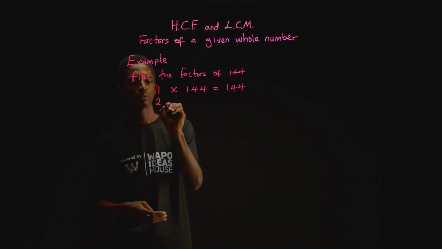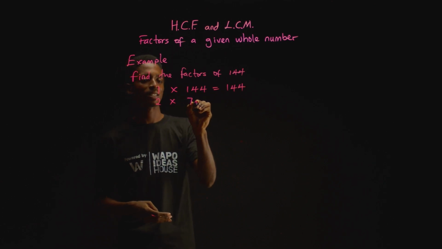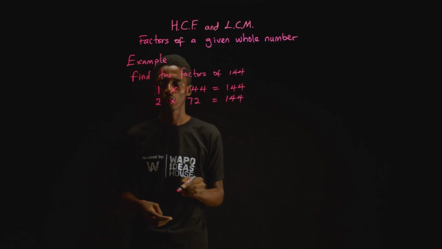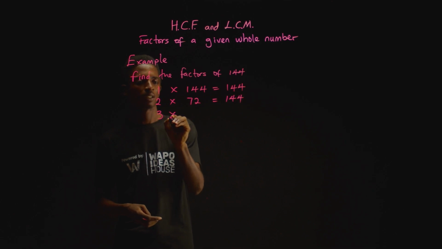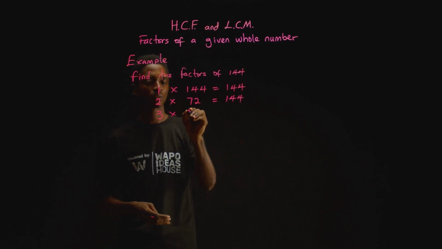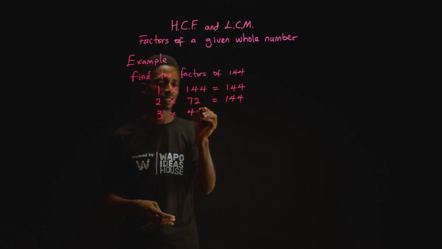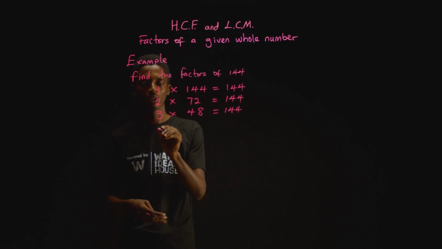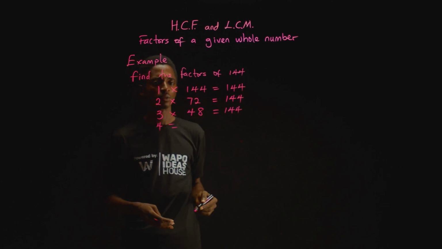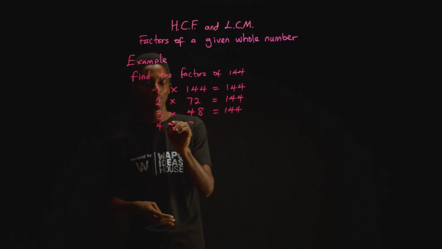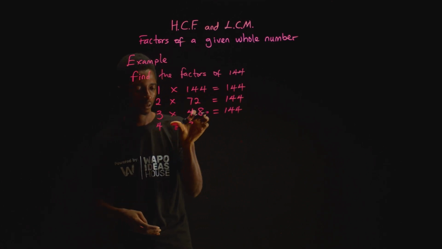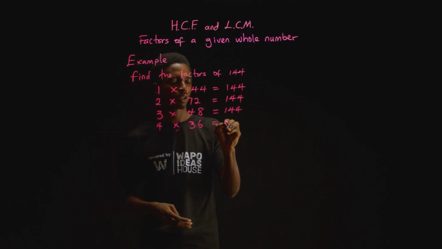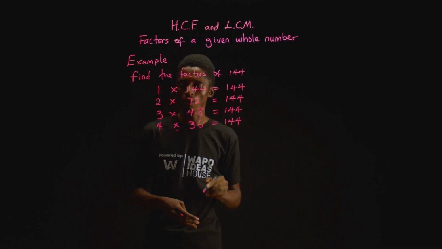We have 2 multiplied by 72. This will give you 144. 3 multiplied by 48 gives you 144. 4 multiplied by 36 would give us 144.